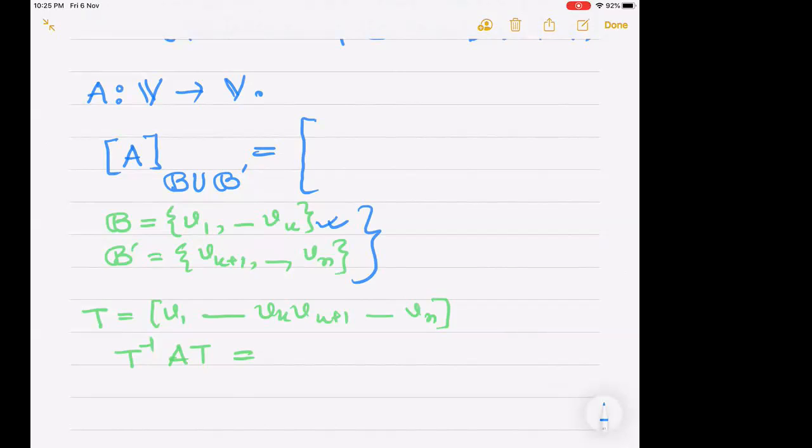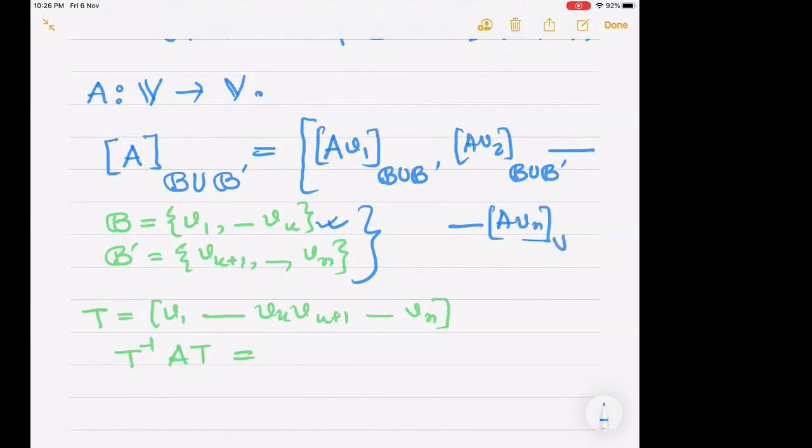Now recall how the matrix representation of a linear operator is done. The first column is: make A act on v1 and represent that vector in terms of the basis. So this is going to be A acting on v1 and its representation under this basis B union B prime. The second column would be A v2 in B union B prime, and so on. That is how it will continue up to A vn and its representation in the basis.